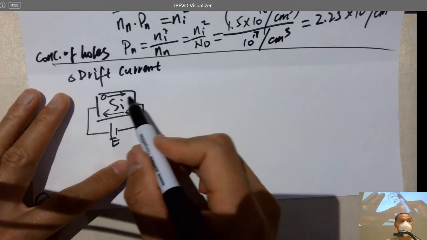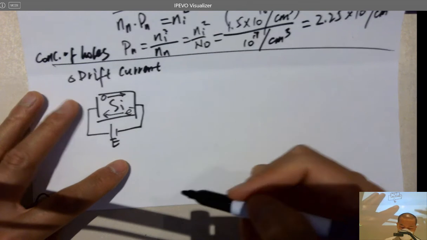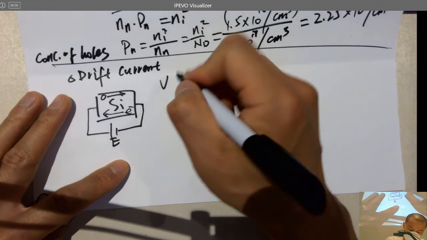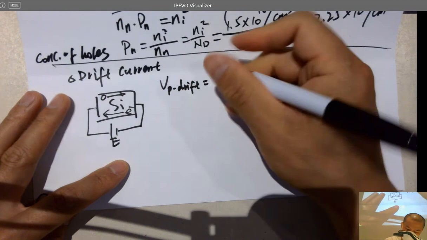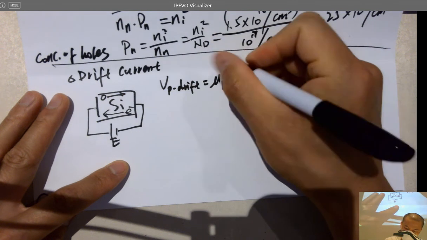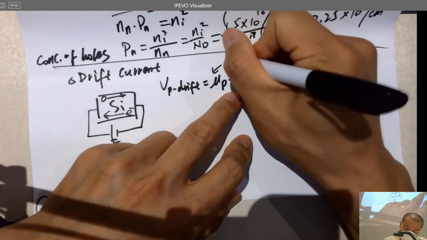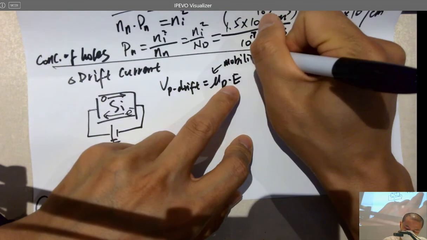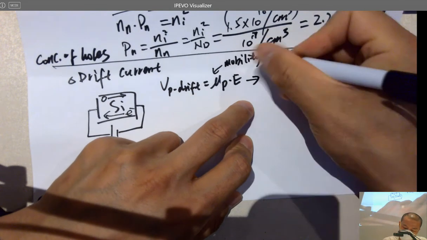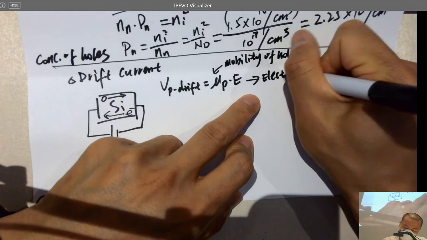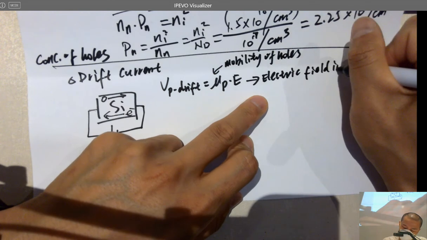Since these particles are moving, there will be a velocity associated with the movement. So V holes drift equals mu P times E, where mu P is the mobility of the holes and E is the electric field intensity.